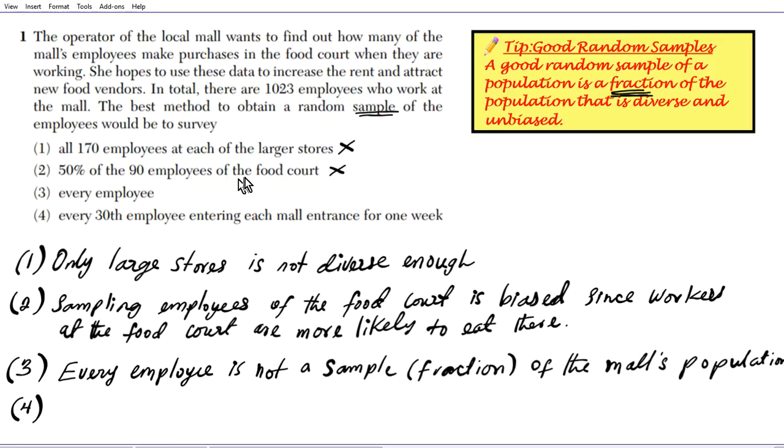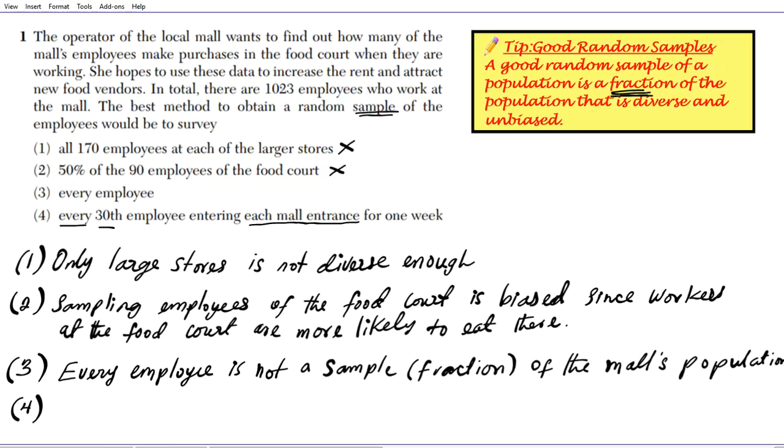We're not looking at the employees working at a particular size of store or at a particular geographical location. Every 30th employee is selected. And another important thing is from each mall entrance. They're not looking at the entrance from one particular area, so this is the best random sample here.